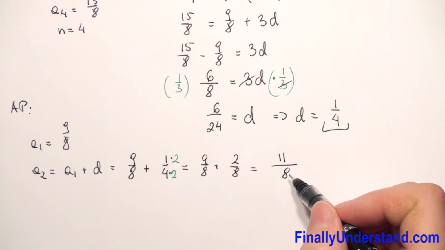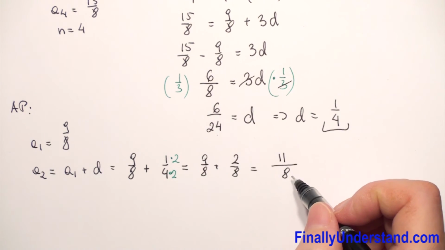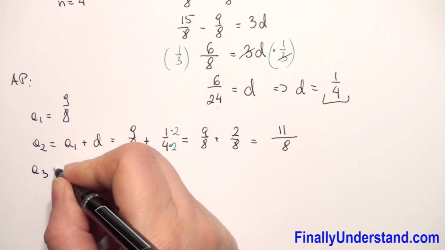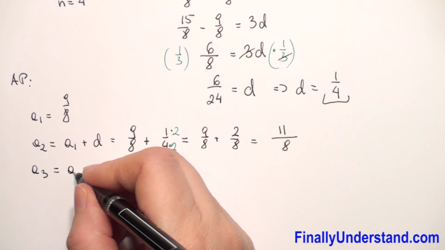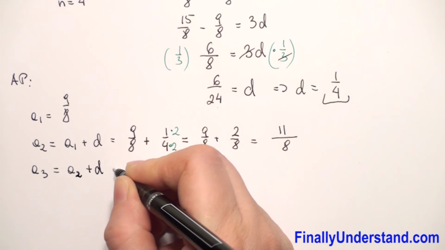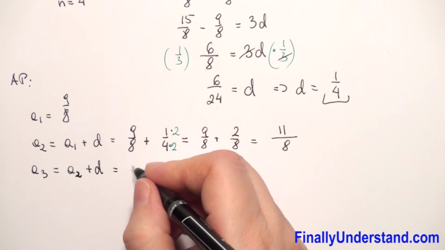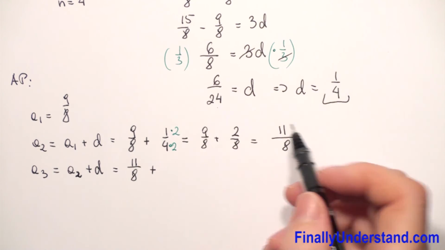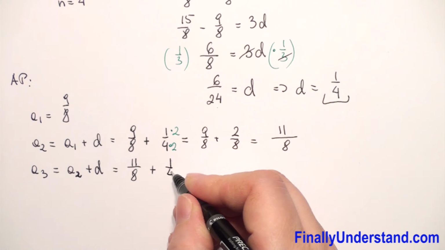So we have the second term of our arithmetic progression, 11 over 8. Now we can find the third term. The third term is A2 plus d. A2 we calculated is 11 over 8, plus d, which is 1 over 4.